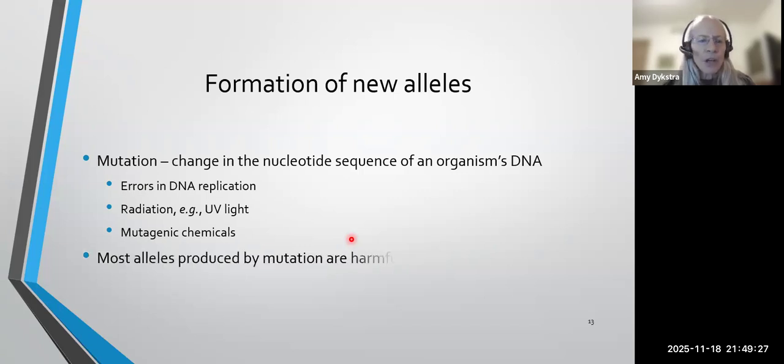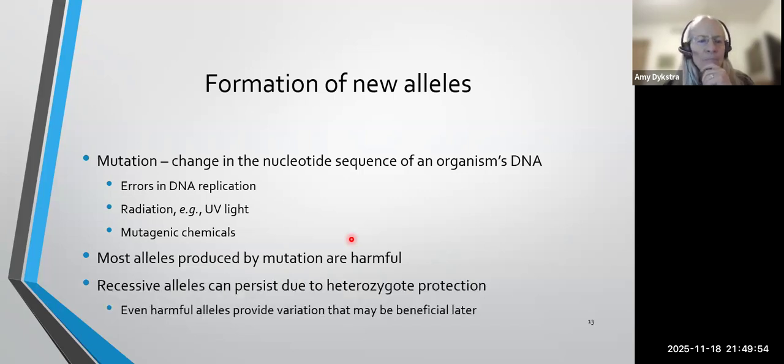Most organisms are well adapted to their environment. And we talked about that in one of the last couple of videos, that most organisms are very well adapted. Therefore, if there's a change in the DNA that causes a phenotypical difference, that is quite often harmful because it makes them less well adapted.